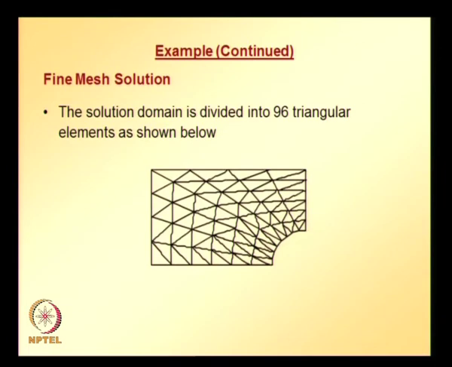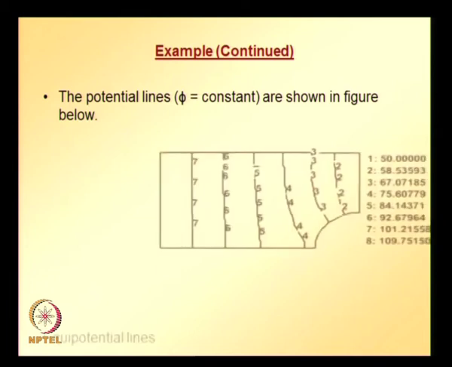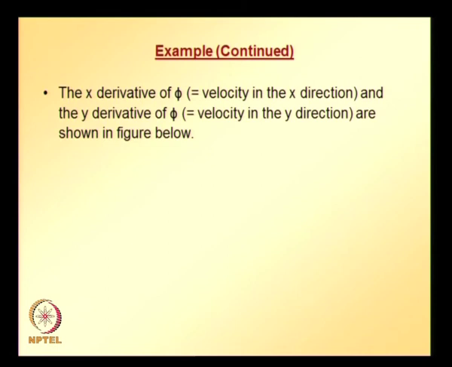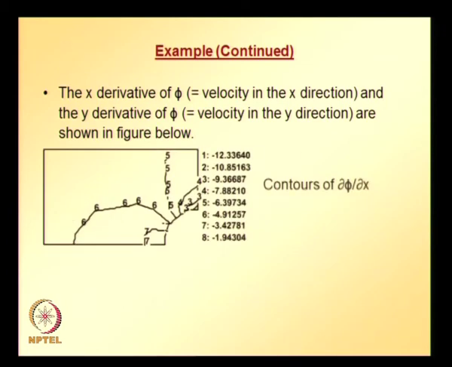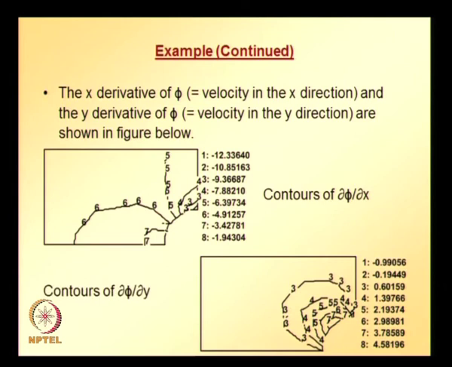The mesh is shown here, and the potential lines or equipotential lines obtained using 96 triangle elements, the solution is shown here, and contours of x derivative of potential, y derivative of potential, they are shown here.